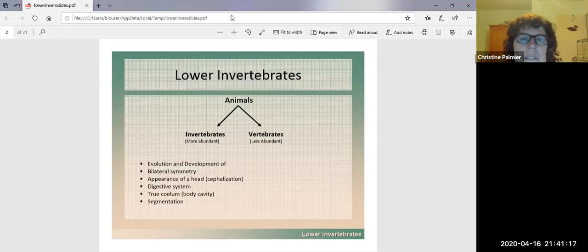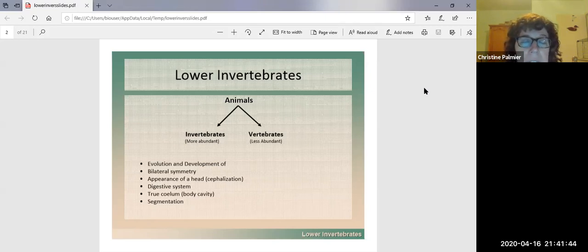And so we're going to see in the next 3 weeks the evolution and development of bilateral symmetry. We have bilateral symmetry. In the next lecture, I'll explain bilateral symmetry versus radial symmetry and no symmetry, but not this week. Believe it or not, some animals did not have a head when they first arose. This process of obtaining a head is known as cephalization.